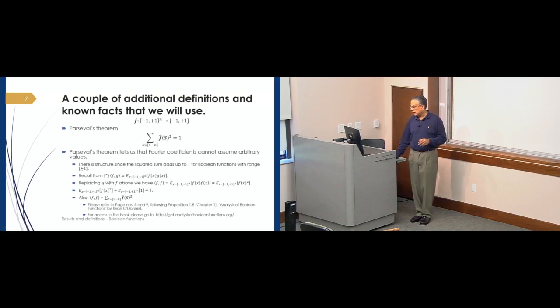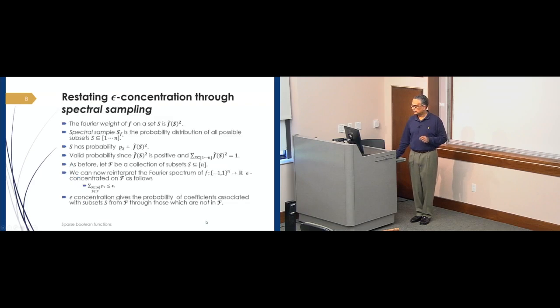And just to remind you again, in case you need a second pointer, if you go to the URL that's listed here and apply for it, they give you free access to the book. It's a straightforward process.